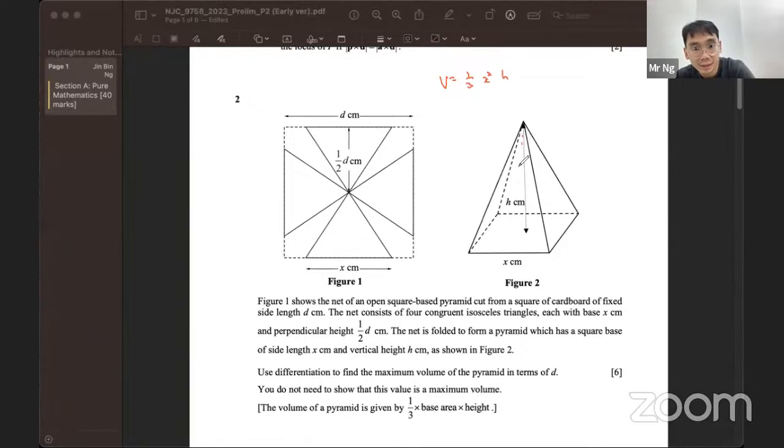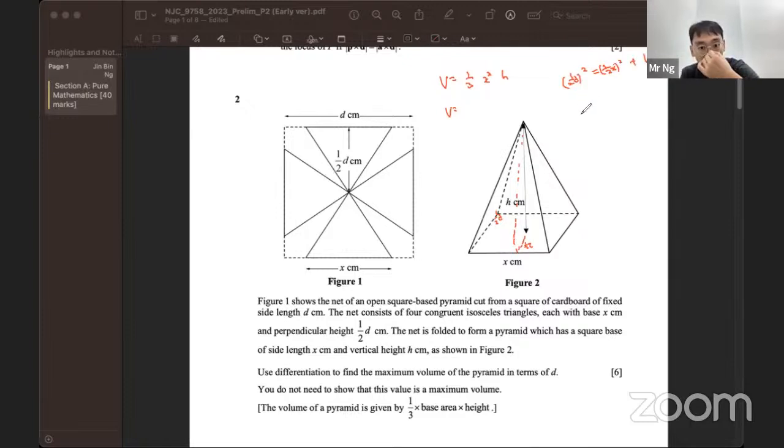The diagonal length is half D, and here is half X. So half D squared equals half X squared plus h squared.